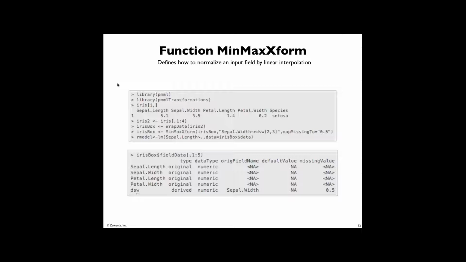Here you can see DSW, derived sepal width, and we want the DSW variable to have the range from 2 to 3. That's the numbers in square brackets next to it. So the square just means closed interval. You could have a parenthesis implying open interval. So that's the function, the format of the function.